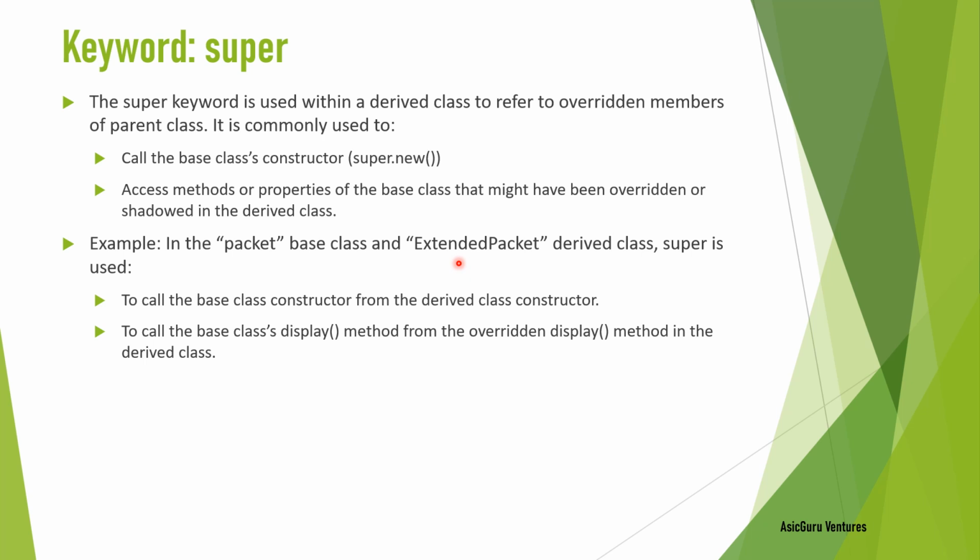So in the overridden version, instead of duplicating the code to display all the base members, we can simply call super.display. It will call the base class display version, and then we can only have code to print its additional members in the derived version, that is packet ID and checksum.